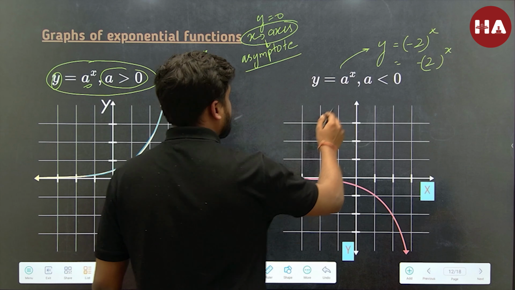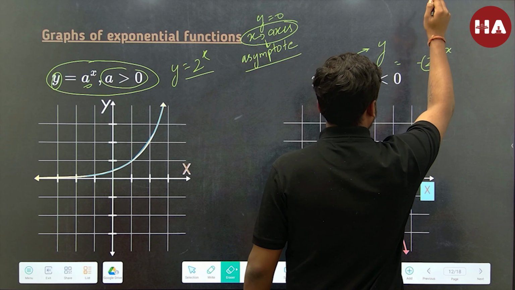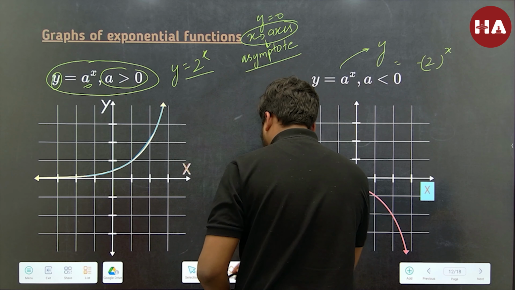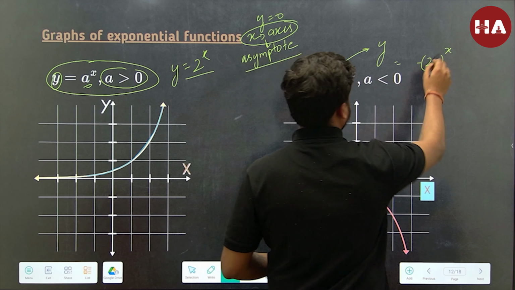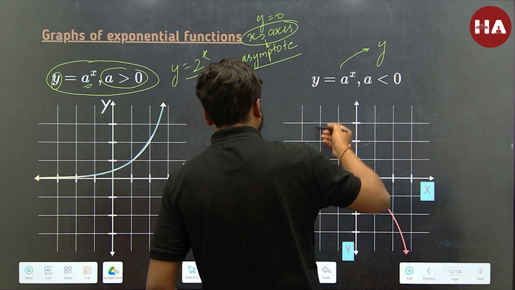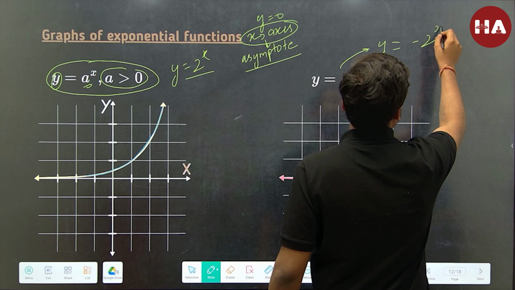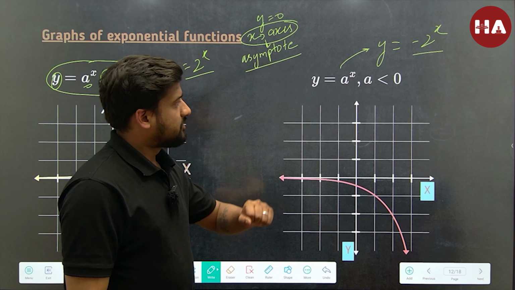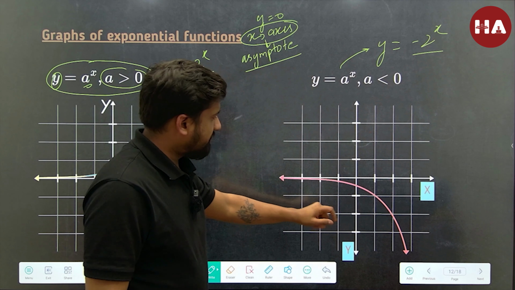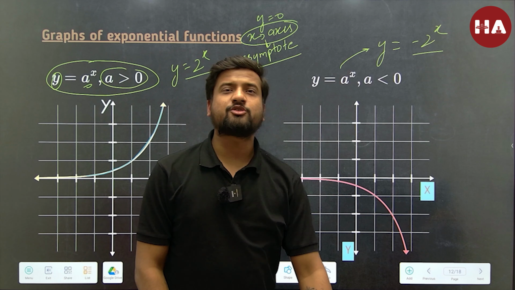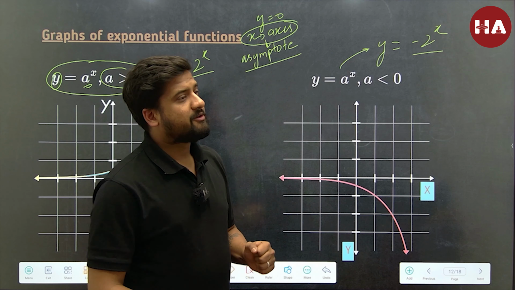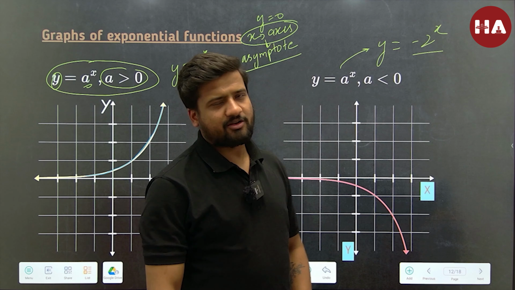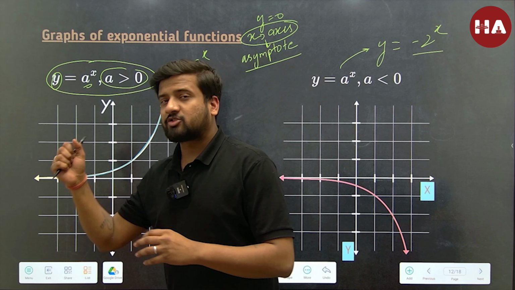Sorry, basically this is not there, so we'll only be drawing graphs of minus 2 to the power x. So this is the graph of minus 2 raised to the power x. We'll deal with that later on, right now just copy these two down.